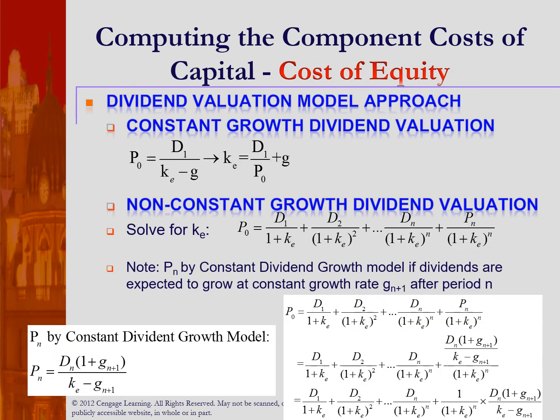From the constant gross dividend valuation model, we have cost of equity equal to expected dividend yield plus dividend growth rate, that is the price appreciation yield. I will not test you on calculating the cost of internal equity using the non-constant gross dividend valuation model.